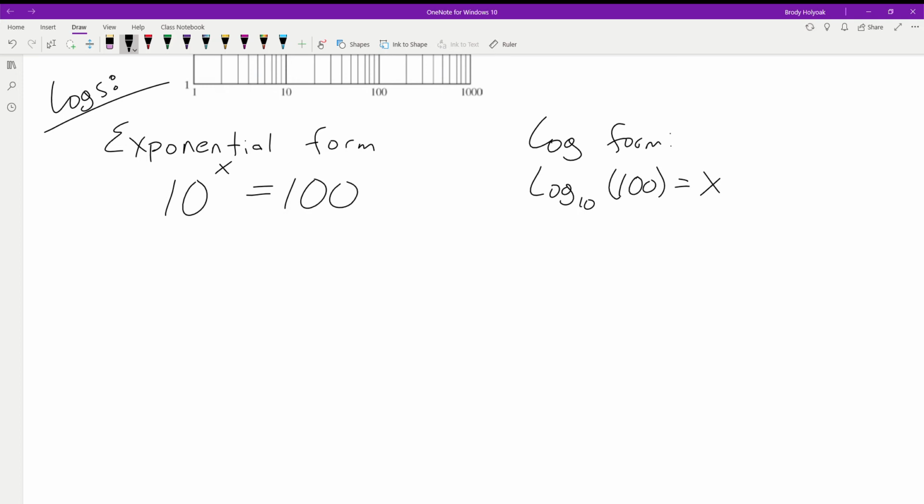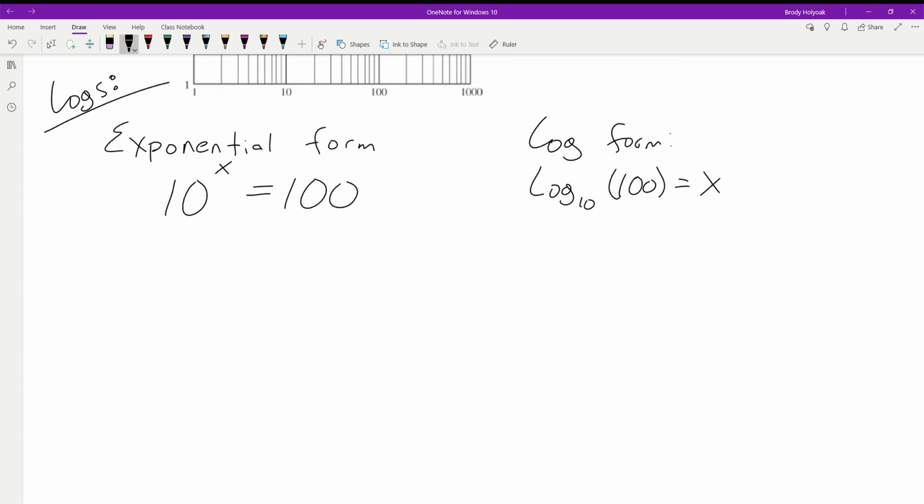This is how we can go through and separate these values. If we want to know how many times we have to raise something to get an answer, this is how we would solve it.